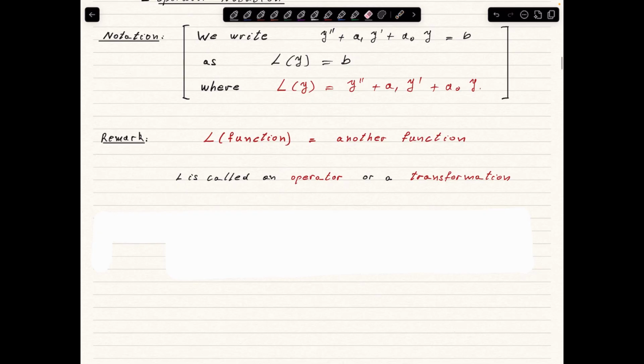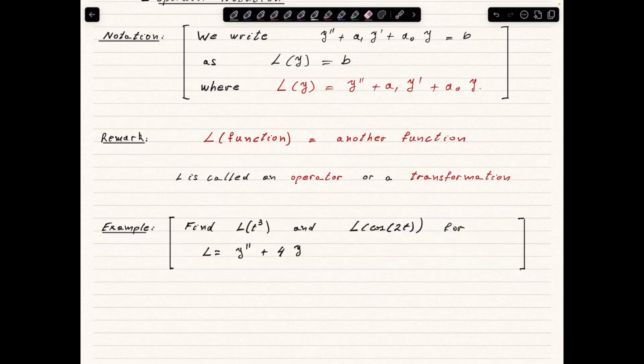Here we have an example. Find the action of the operator on t cubed and the action of the operator on cosine of 2t, when the operator acting on a function is something like that. I should have written this a little bit better, so let's fix it.